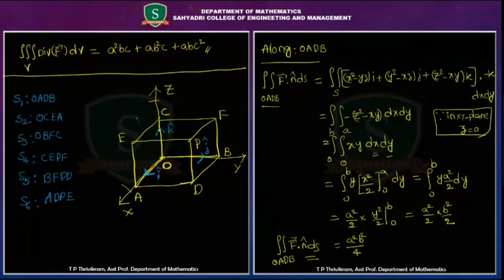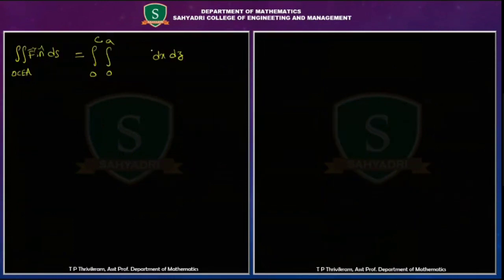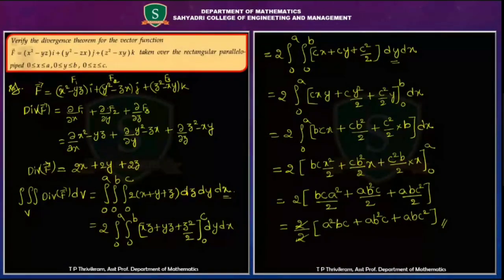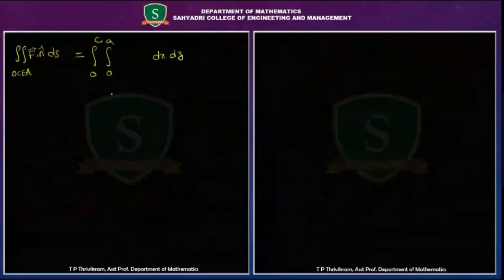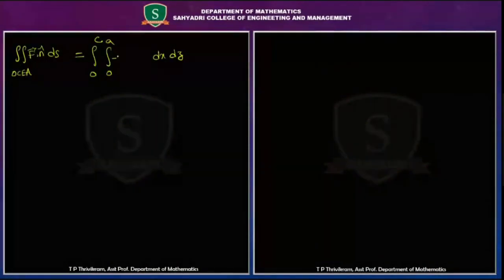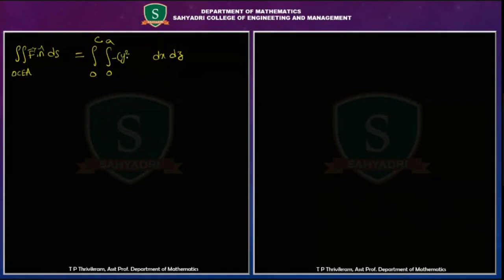J vector. And the j vector is moving away from the origin, right? So you have to take minus j here. So what is the j term in f? That term only you take and do the dot product. So you'll get minus of y square minus xz.